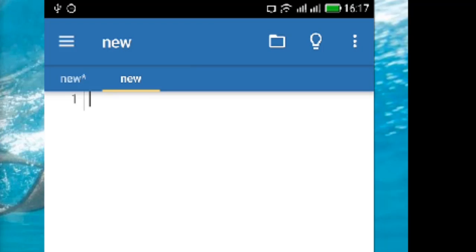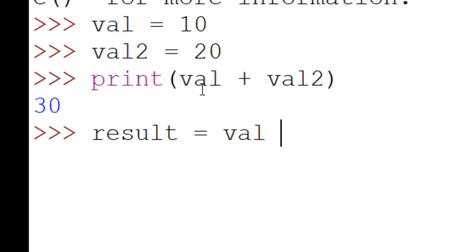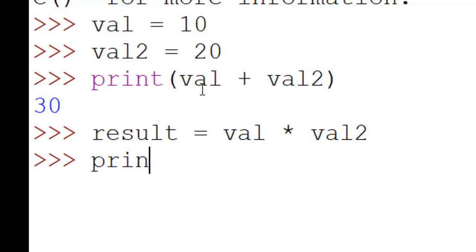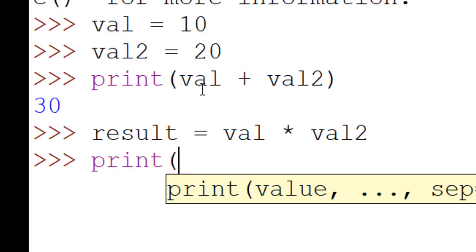So let's have another example. In case you want to put a formula, it's easy. Let me say I just simply put here result equals val1 plus, for example, multiply val2, then I will print, display the result like that.